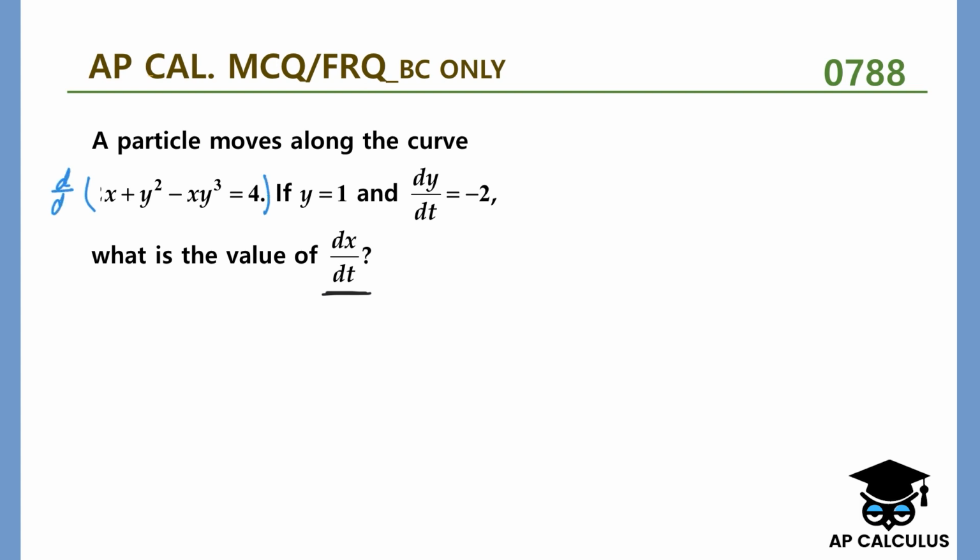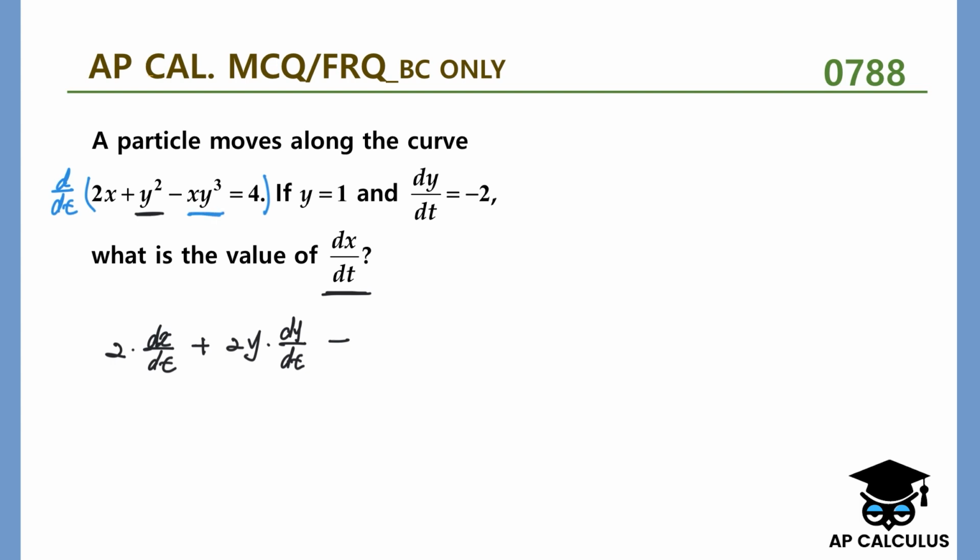with respect to t, right? So that is equal to 2 times the derivative of x with respect to t, that's dx/dt, plus the derivative of y squared, power rule, times the derivative of y with respect to t, dy/dt, minus, here we have x times y cubed, right?